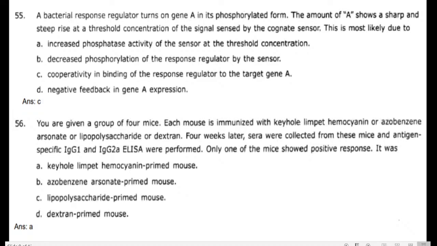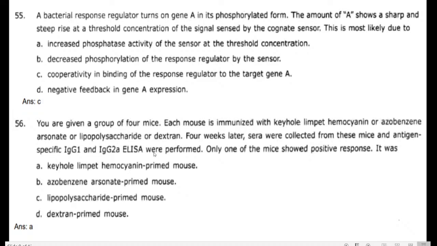Since this is a complicated structure, our body recognizes this as a foreign particle, and that makes an immune response against that particular compound. So in that mouse, the immune response is stimulated against this chemical, keyhole limpet hemocyanin. This chemical produces the antigen-specific IgG1 and IgG2 in the mouse. So this serum has IgG1 and IgG2 antibodies.